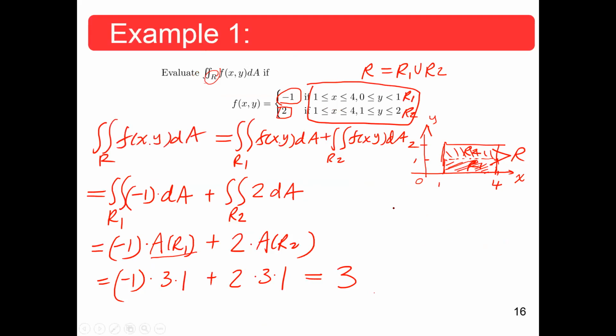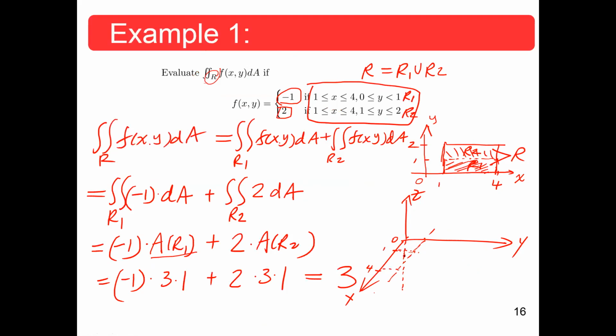Is that clear? If you want to sketch the graph in 3D, for this case you can also take a direct look at what we were talking about here. So if I put this in three dimensions, I can just sketch the function. The function equals -1, which will be under the xy plane. The first piece is when x is between 1 and 4, y between 0 and 1. So for this area, you have function value being -1.